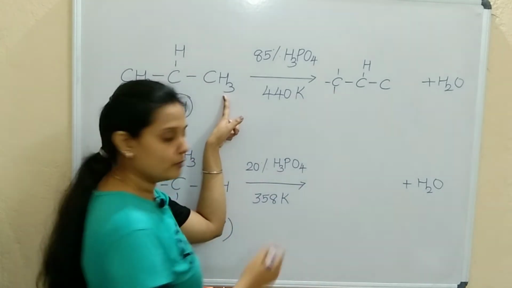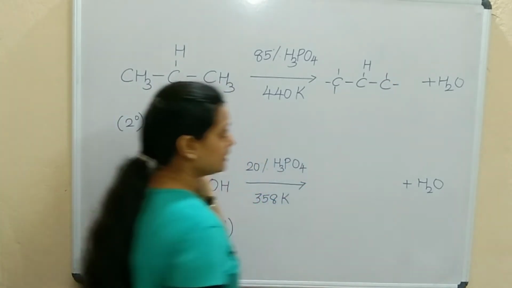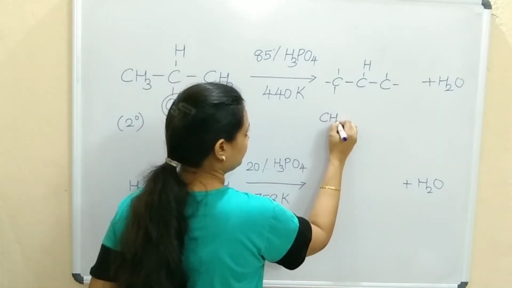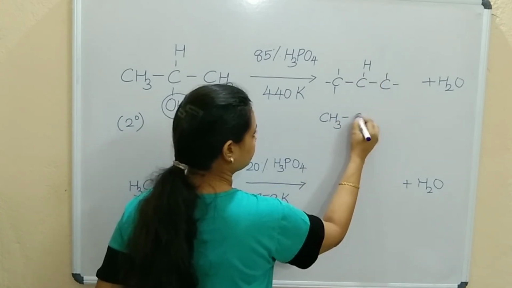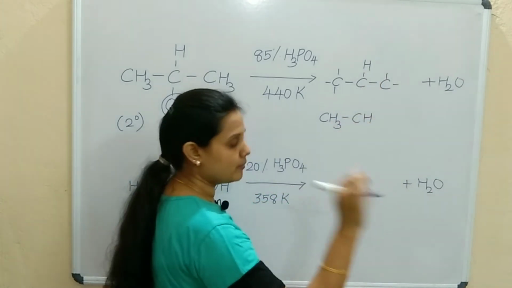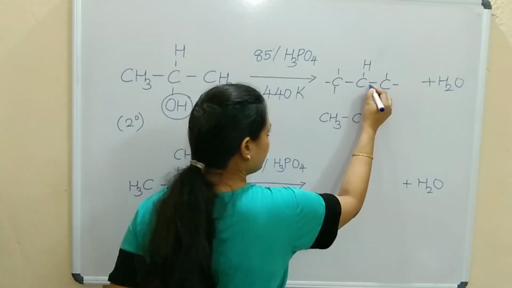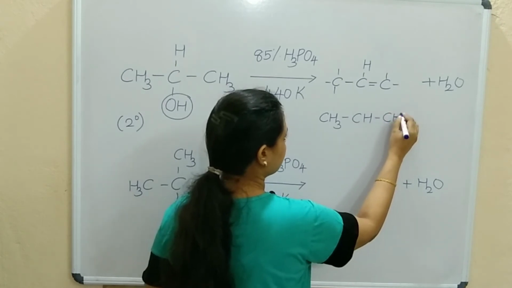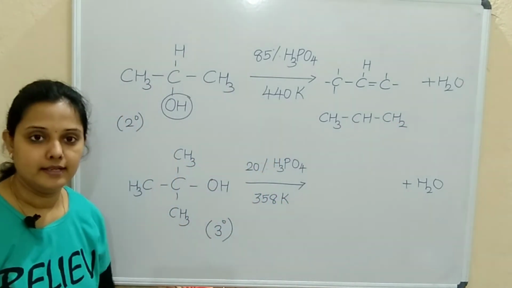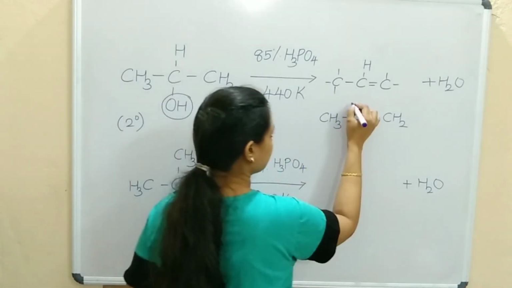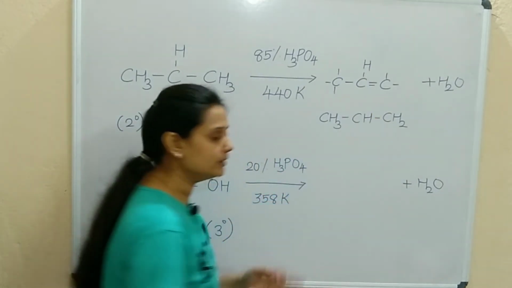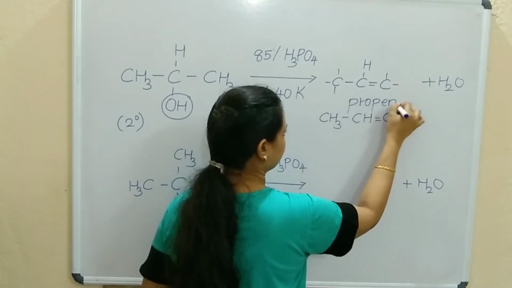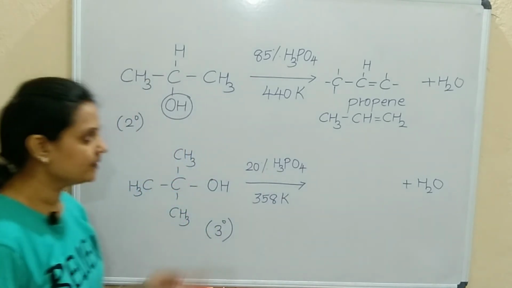One hydrogen is removed from here. Now check the valency of each carbon. This carbon is making only 3 bonds, and this carbon is making 3 bonds. So I will put a double bond between the carbon atoms. It becomes CH3CH=CH2, an alkene product. What is the name of the compound? 3 carbons are there, so it is propene, prop-1-ene. Water is removed.